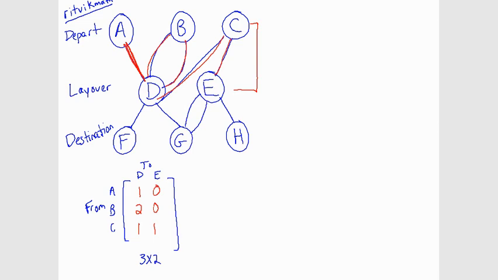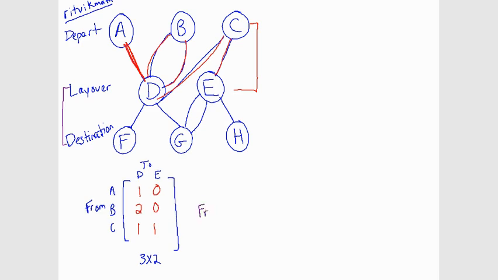Okay, great. Now, let's build off that and go from our layovers to our destination. So I would set up a similar matrix, but the way I've set up my original, my rows are where I'm going from, and my columns are where I'm going to. So I want to set it up the same way.